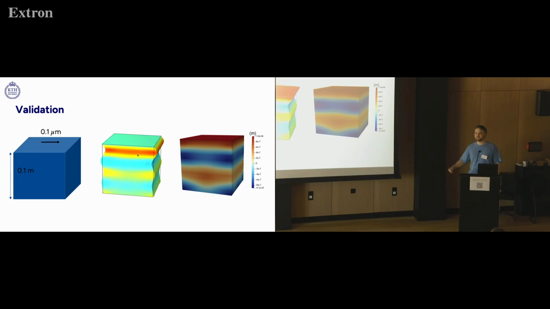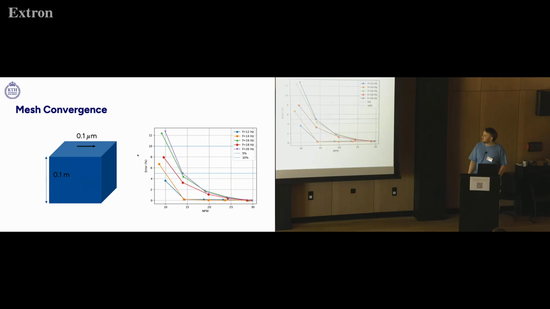But you do have displacements in X, Y, and Z, and also real and imaginary displacement. I also did mesh convergence to see how many nodes per wavelength I need to have sufficiently low error corresponding to the MRE signal, and found that a value of around 15 to 20 is probably good.